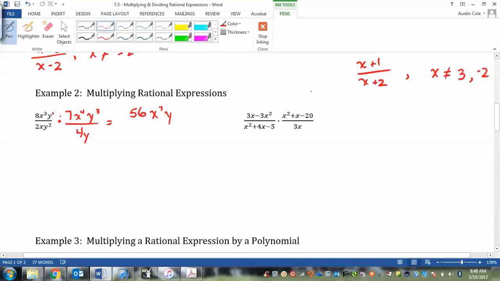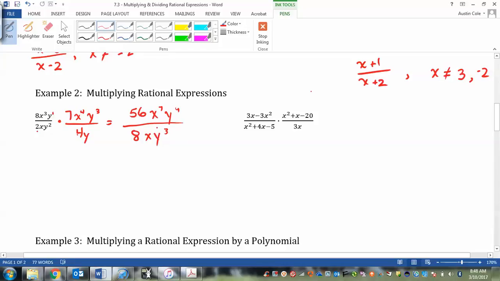What do we do with our exponents? 4. Yep, we need to add our exponents. And then in my denominator, I'm going to have 2 times 4, which is 8. X, well, there's just an x there. And then y squared times y, Jesse's what? Y to the 3rd. Are there questions on doing that?